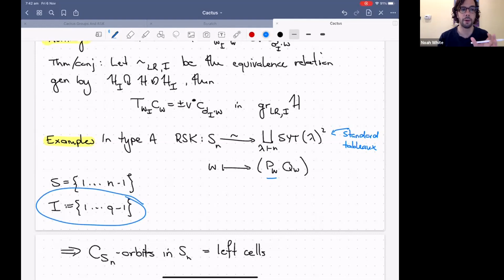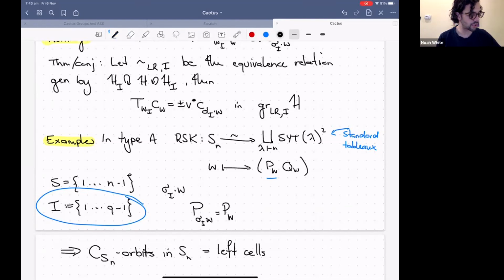This would be the parabolic that's permuting the numbers 1 through to q. And then I won't tell you what sigma_I of w is. Instead, I'll tell you what the P symbol, so this is called the P symbol and this is called the Q symbol, I'll tell you what the P symbol of this is.